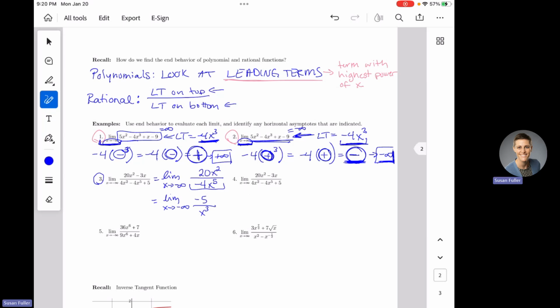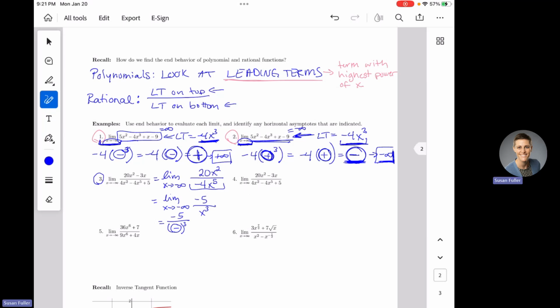Now, I have the limit as x approaches negative infinity of negative 5 over x to the third, and I need to figure out where this goes. Again, x is approaching negative infinity, so I'm going to have negative 5 over a huge negative number to the third power.